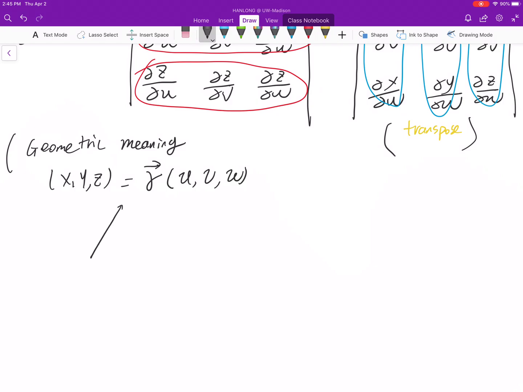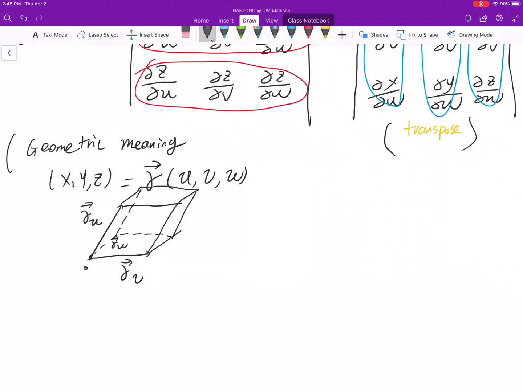Then what we are calculating is the volume of the cuboid with sides gamma u, gamma v, and gamma w.